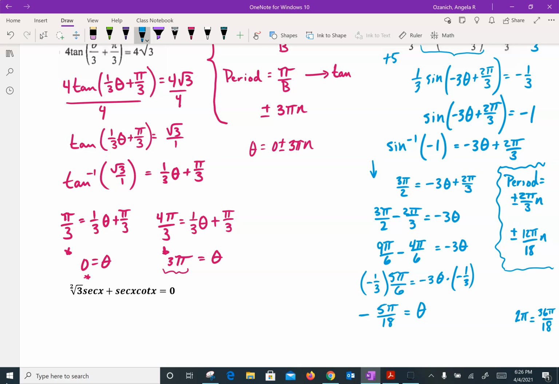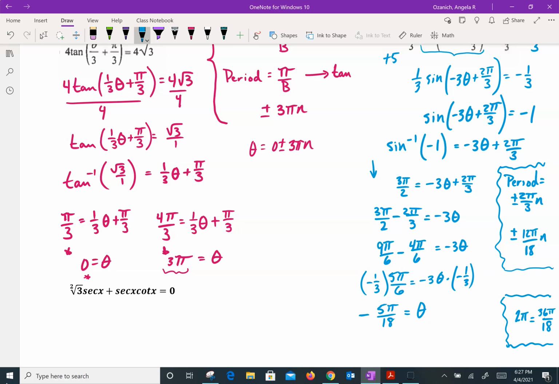I changed that so it has a common denominator, so I'm really going to be adding 12 pi over 18. I don't want to subtract it any further because I'm looking for all solutions between 0 and 2 pi. And I made a little mental note for myself in the corner about what 2 pi looks like with a denominator of 18. So I've got to get clear to 36 pi.